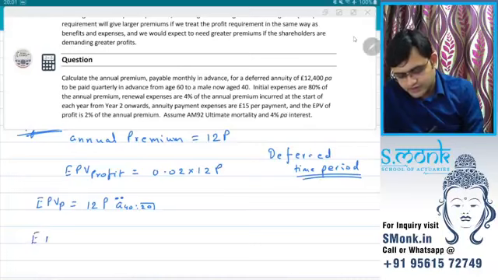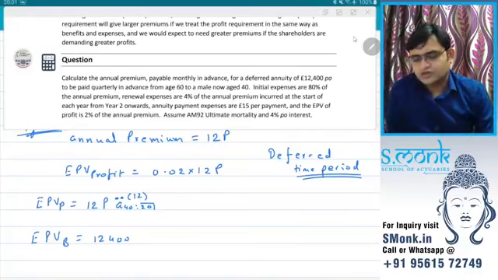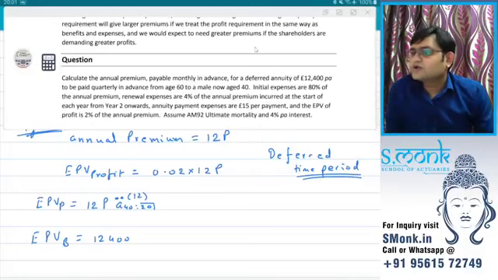So my expected present value of benefit will be 12,400 here payable monthly, right? The annuity 12,400 is payable quarterly in advance from age 60, but the person started at age 40, so must survive at least till age 60.